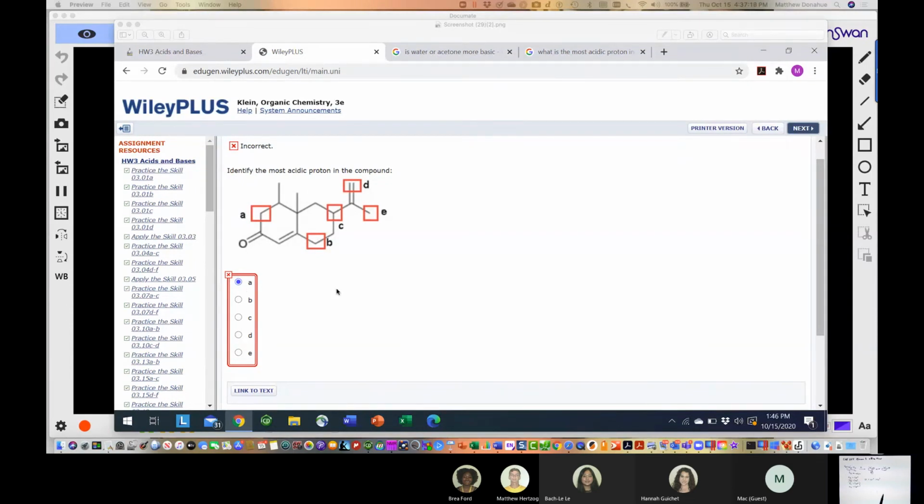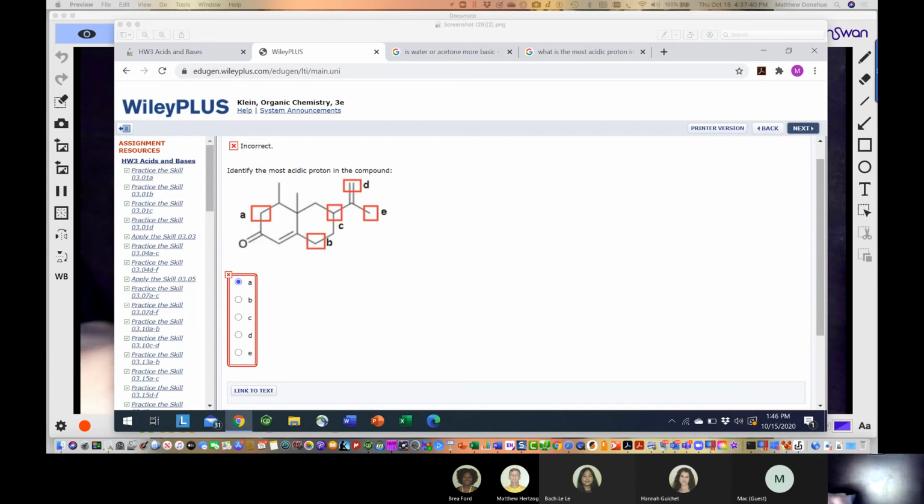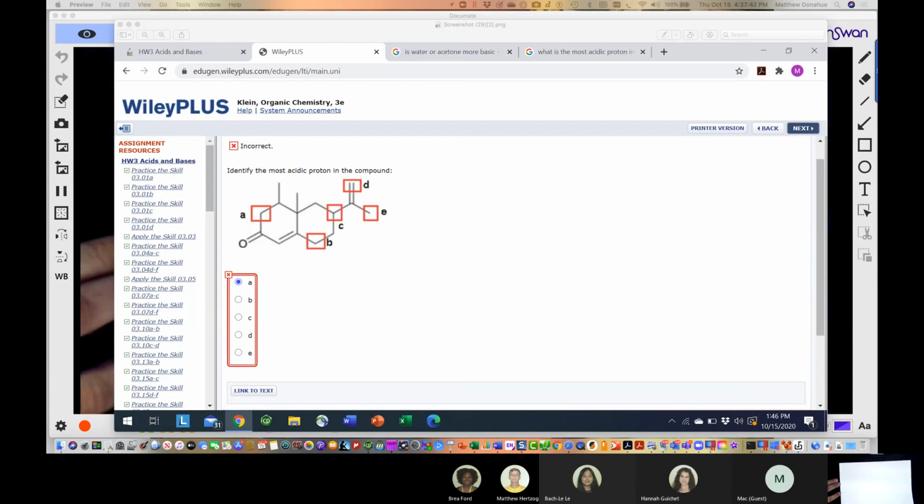So what do you think might be the most acidic proton? So Hannah says B. So it is B, and the reason is the following.